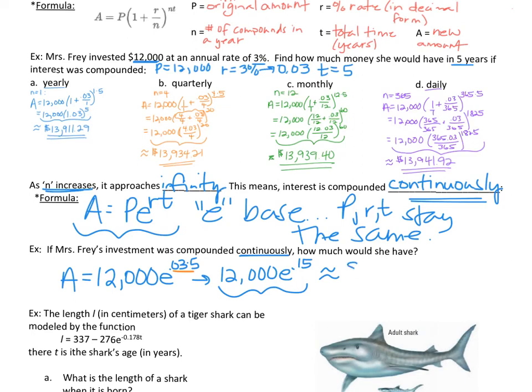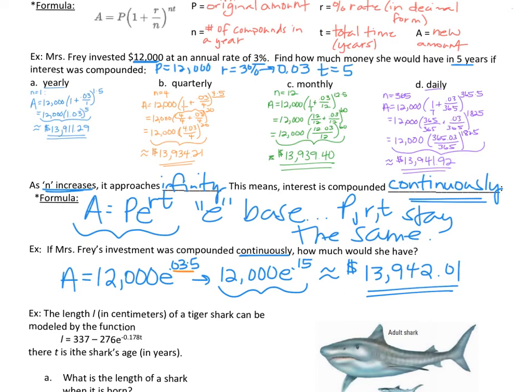So we really don't get a whole lot extra for that continuous compounding from what we did for daily. I get approximately $13,942.01. So these are formulas that are exponential in nature, some of them using compounding for different values, and some of them when it's compounded continuously.